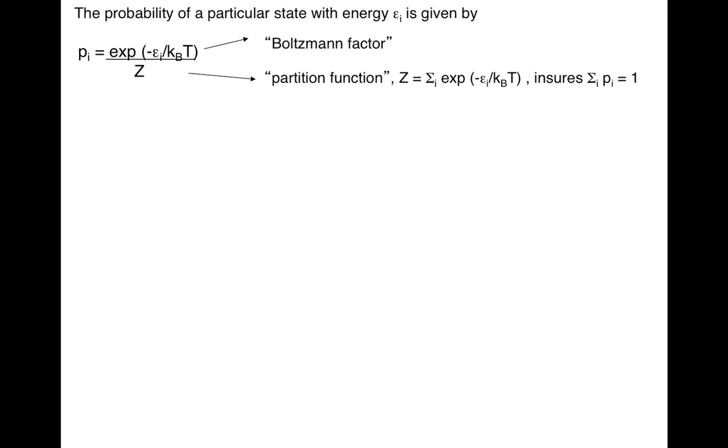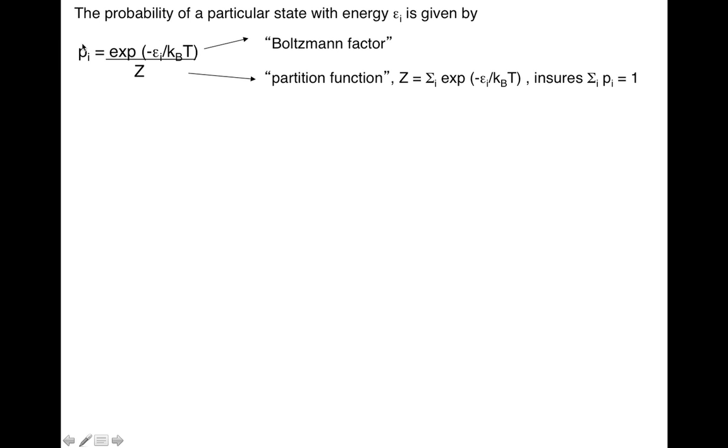I'm not going to derive this. This will be discussed more later in the course as well, but the basic equation is shown here. You can calculate the probability of a particular state with some particular energy. We'll call it the ith state, so it'll be energy epsilon sub i.